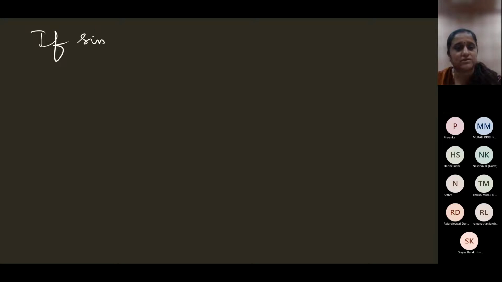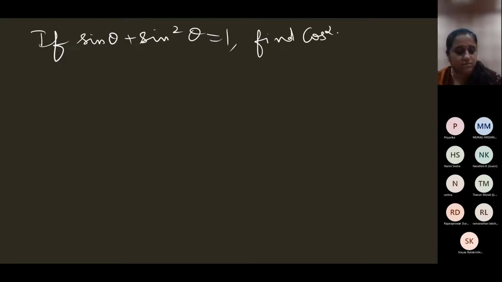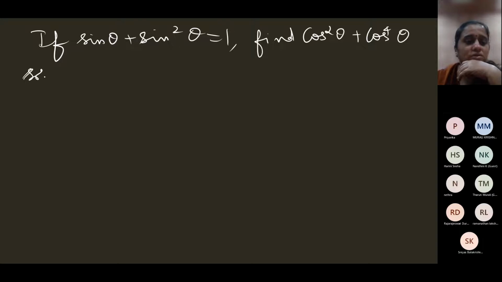If sine theta plus sine squared theta is equal to 1, find cos square theta plus cos theta to the power 4. So tell me, what will happen? What is given to us? This is a solution.